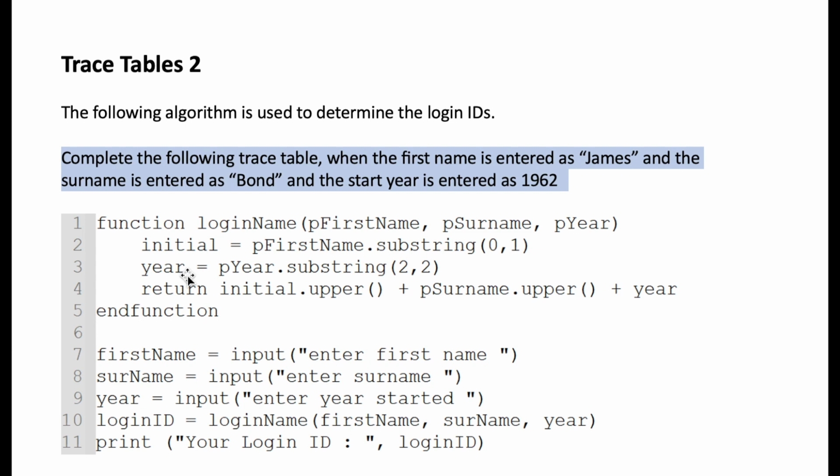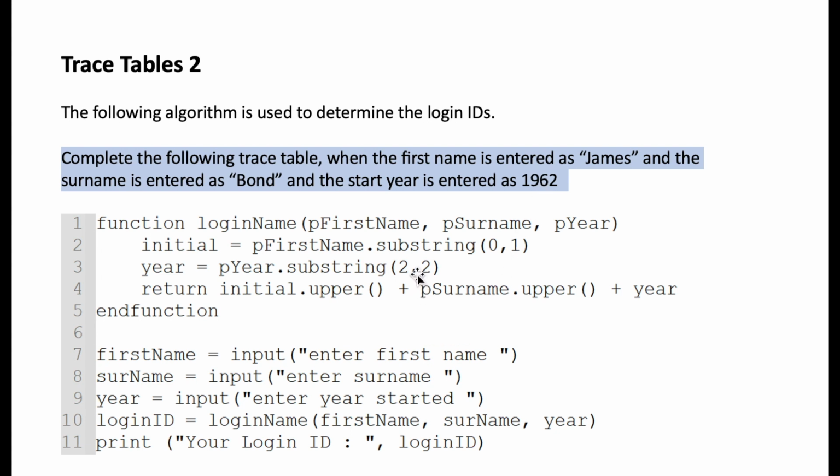The year local variable is assigned the value of the substring of the parameter year, starting at position 2. So if we look at the year 1962, position 0 is the 1, position 1 is the 9, position 2 is the 6.